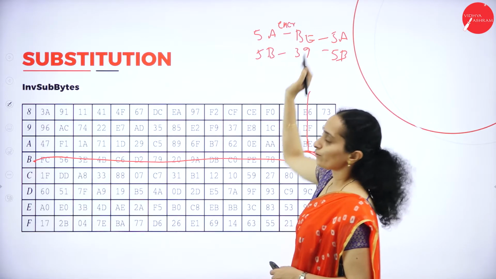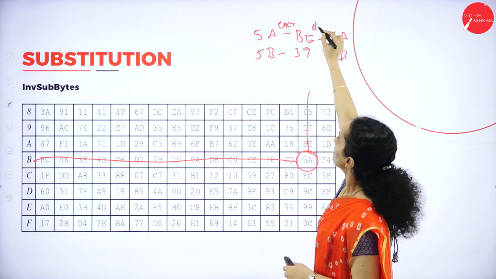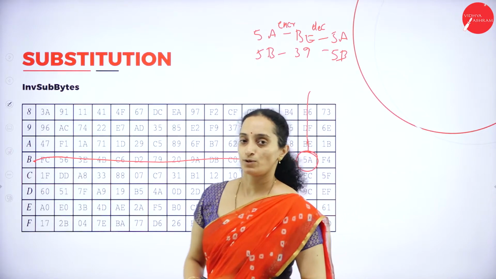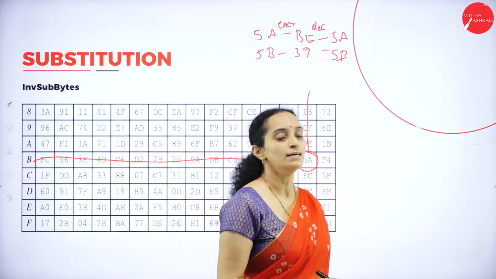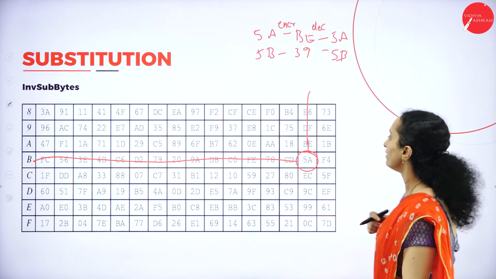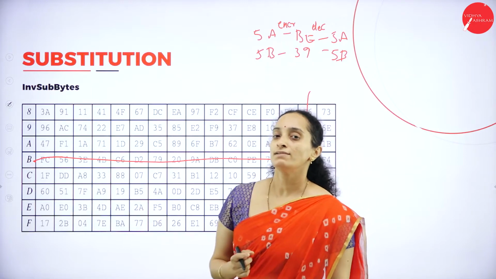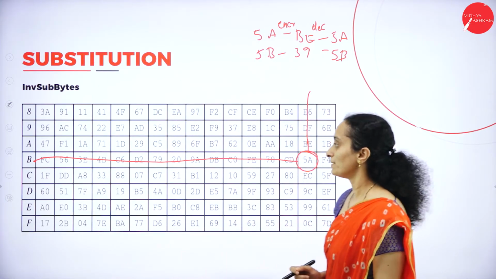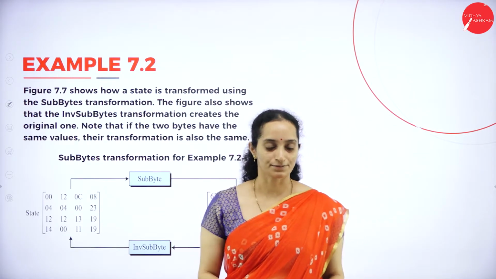Sub bytes is followed in the encryption method, whereas invert sub byte is used in the decryption procedure. Since we need both the encryption and the decryption procedure, we have to use the sub byte and the invert sub byte transformation tables. Alright. So this is about the transformation.